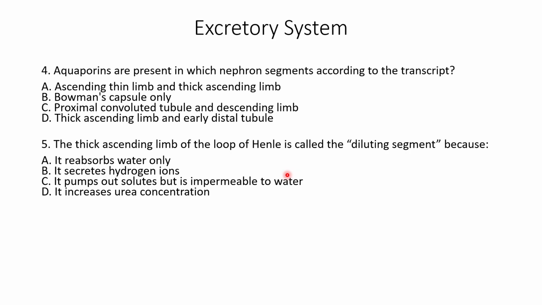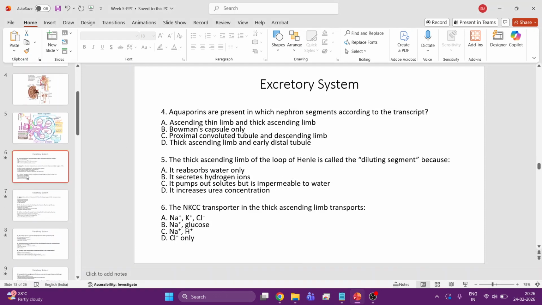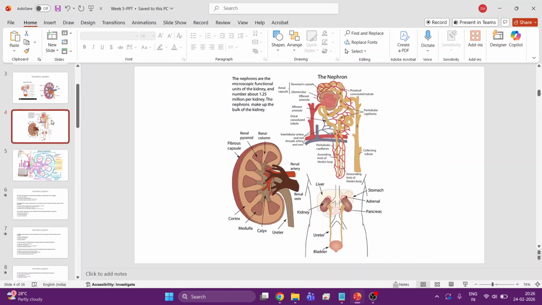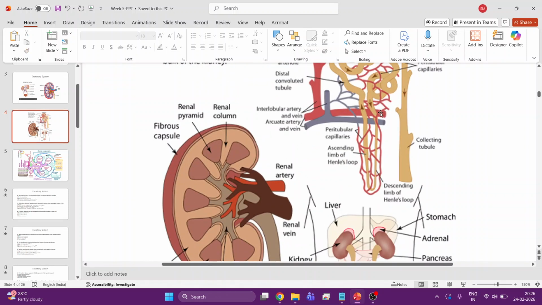Sure. So essentially, maybe I can go back to the diagram, that will make it easier. Okay, I think over here you can see it. This is the descending limb of the loop of Henle.